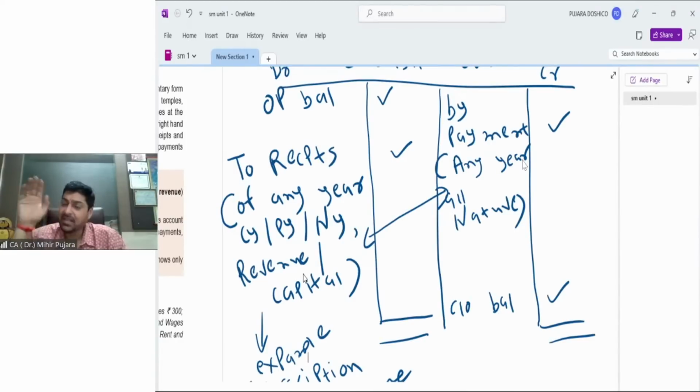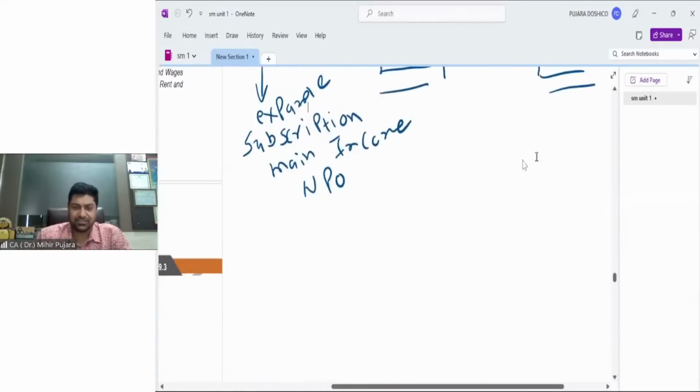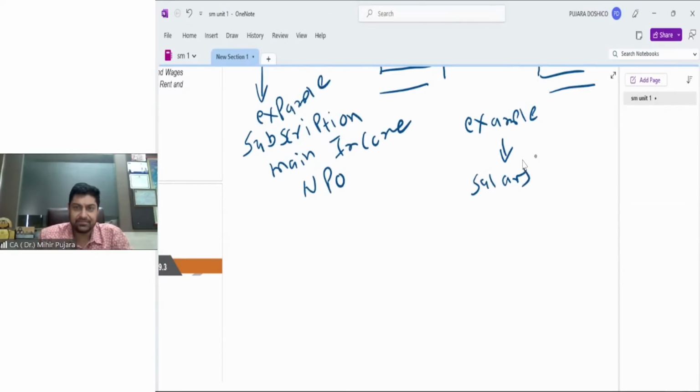as a receipt. Same with payment side. Now, I'm just discussing a small example. Salary. क्लब ने सैलरी पे किया.